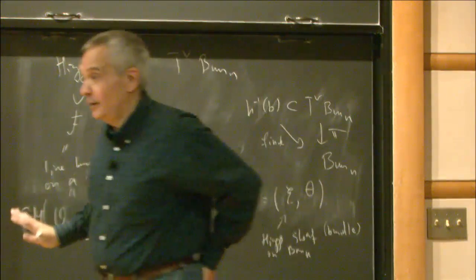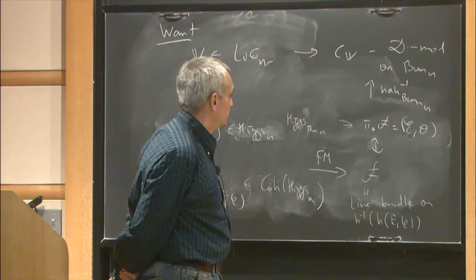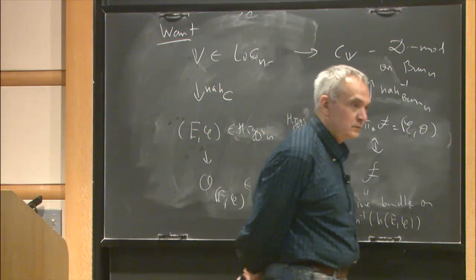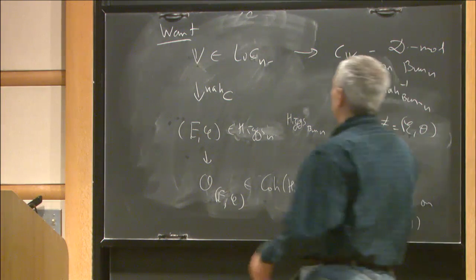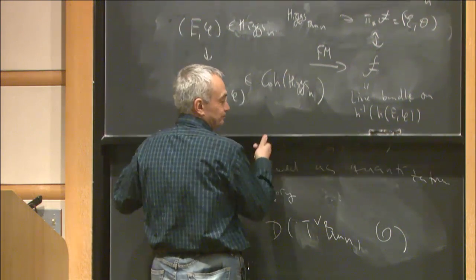You would apply the correspondence to the moduli space of bundles, and it would get you a flat bundle over the moduli space of bundles, which would be a particular case of a D-module. So the first time we applied this correspondence to the curve. The second time, it's on the moduli of bundles.